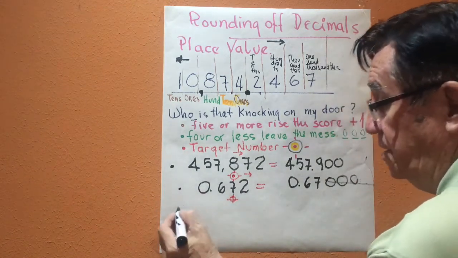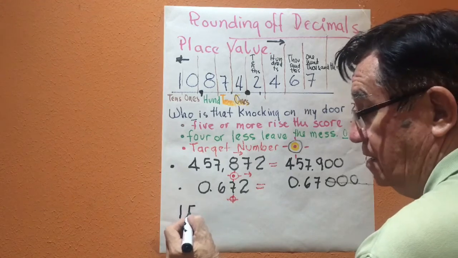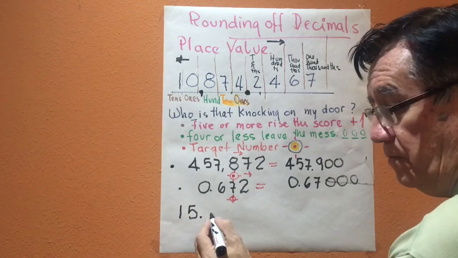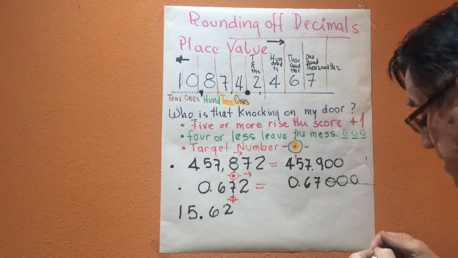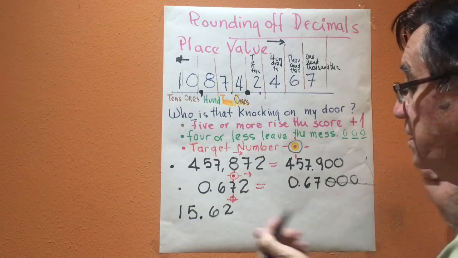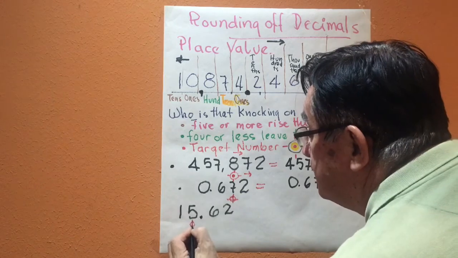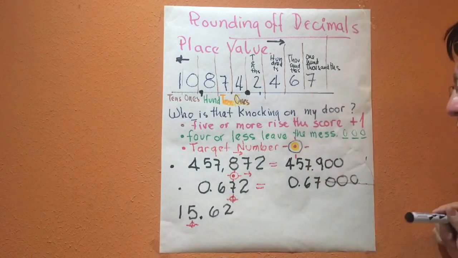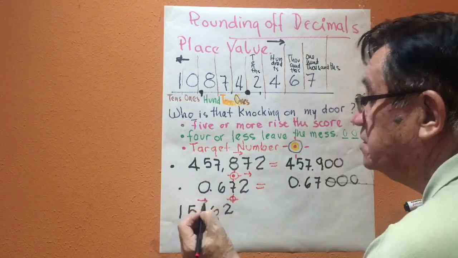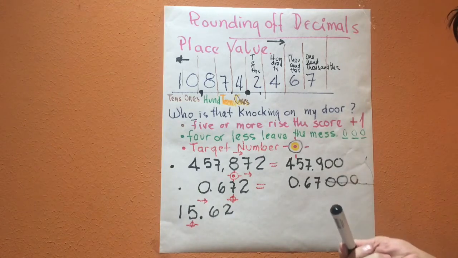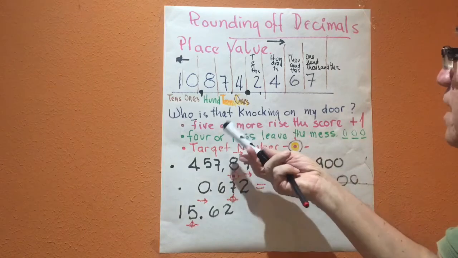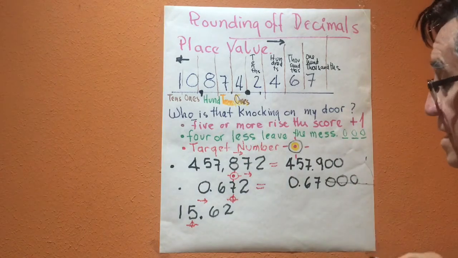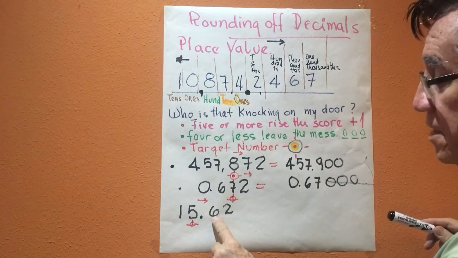Well, let's have another example, when we have a whole number and a decimal number too. And my target number is here. Okay? That's my target number. So I have to see what comes next to my target number. Again, who is that knocking on my door? If it's 5 or more, raise the score. 6 is bigger than 5.